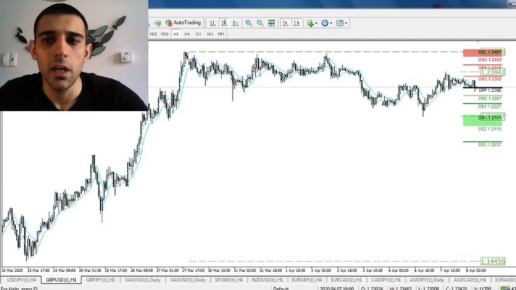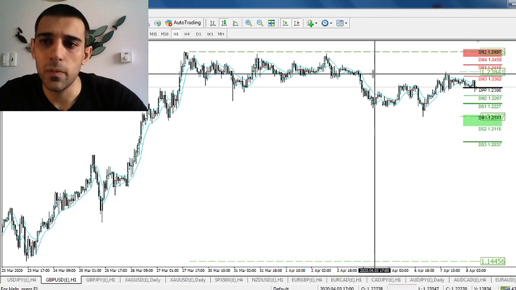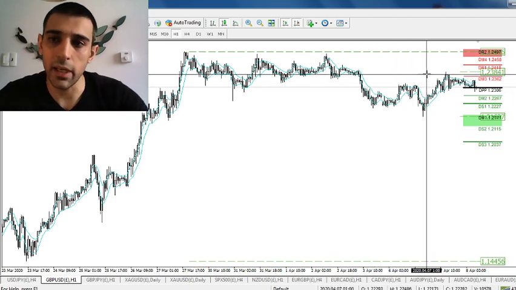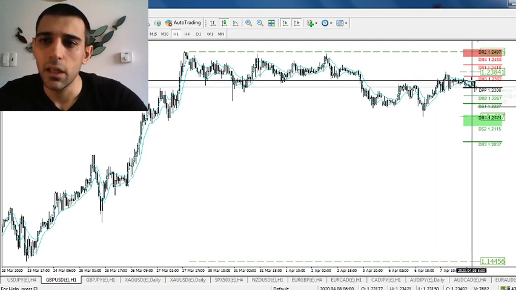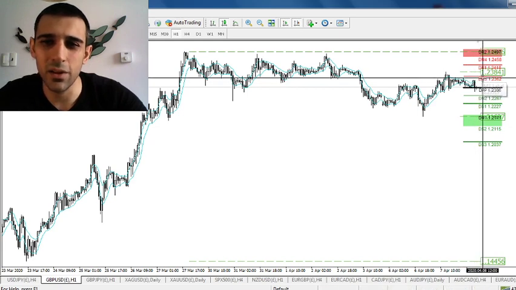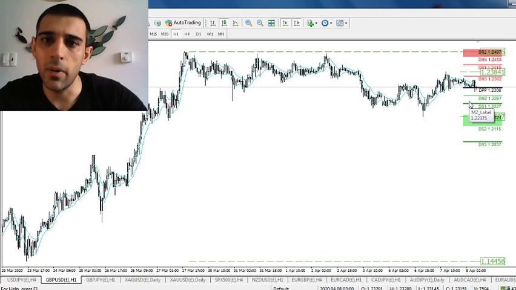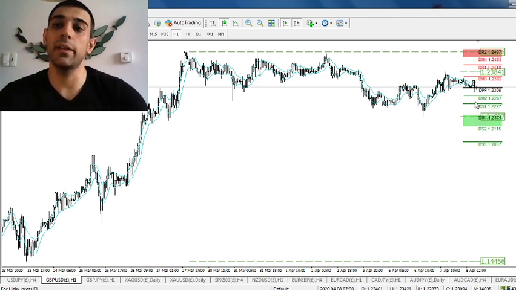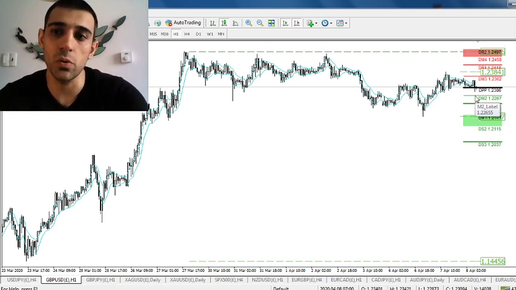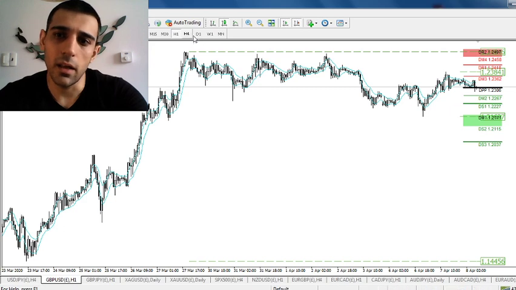So either it's going to go up, and if it does, I want to see more strength coming in and breaking these highs here, 2340, and going a bit further up. But I want to see strength coming in. Otherwise, I'm not going to trade this currency for now. It doesn't look very appealing for short-term trading at least.